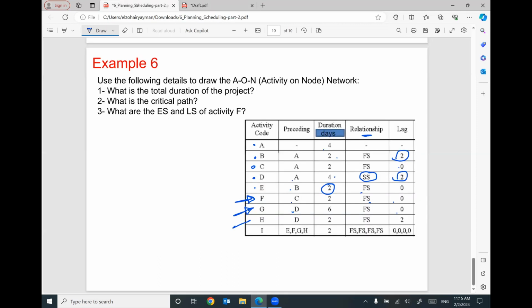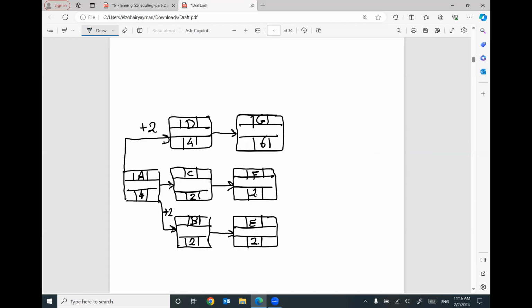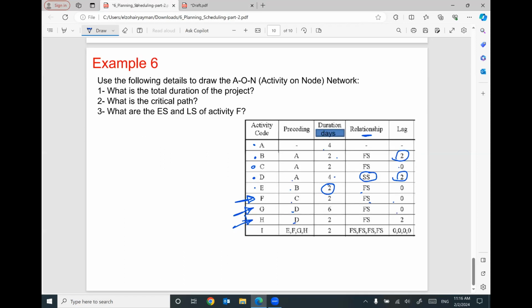Activity H has a predecessor D with a duration 2 and finish to start with a lag 2. So I can put here H with a duration 2, finish to start with D with a lag 2.